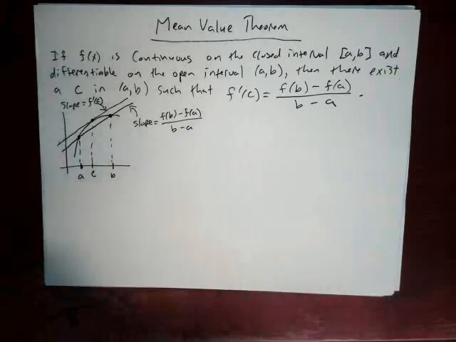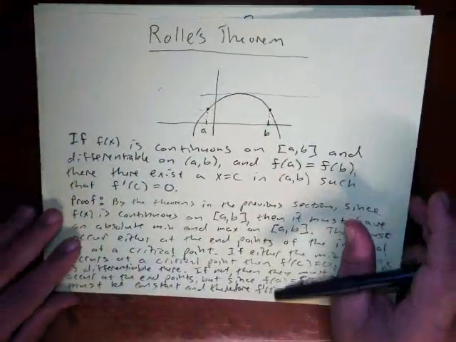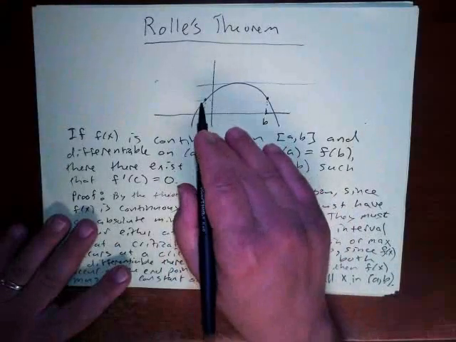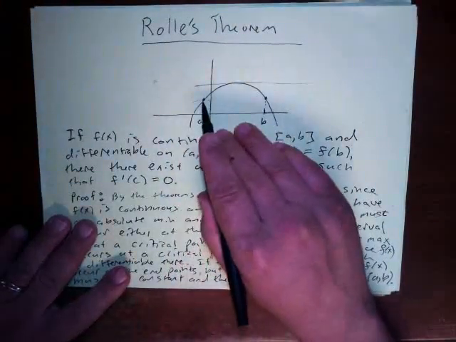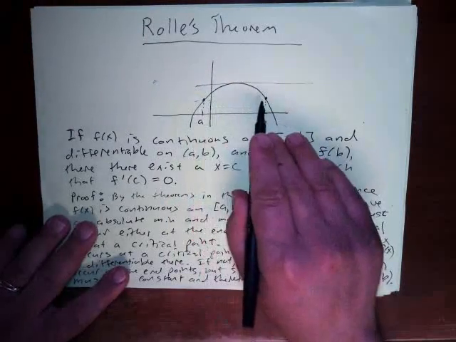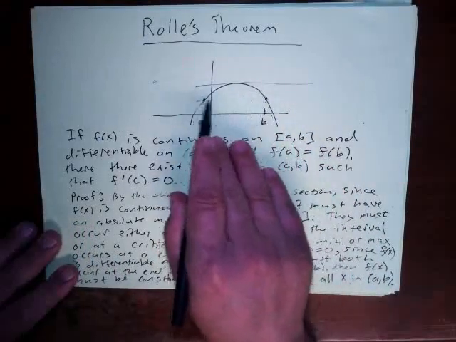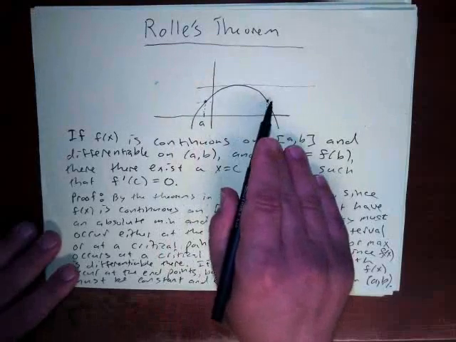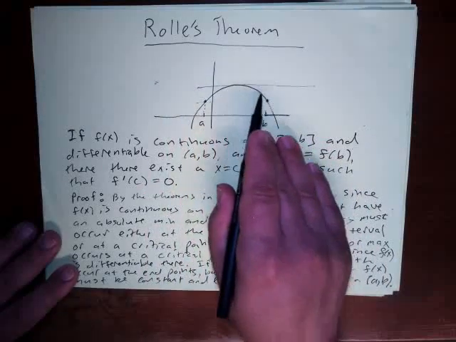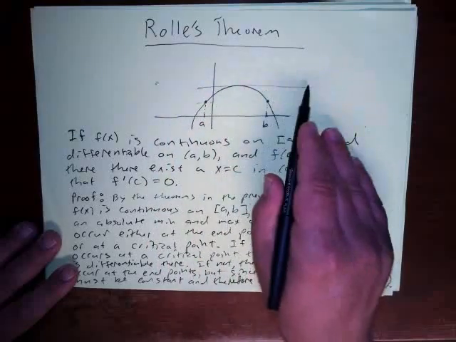Now I don't think I need to prove this here. You can look at the proof in your book, but as long as you keep Rolle's theorem in mind. Remember, Rolle's theorem was just saying if you have a function that's continuous on the closed interval [a, b] and differentiable on the open interval (a, b), and if the function is equal at a and b, so that you've got this horizontal line, then there's going to be some point c inside this interval where you're going to have a horizontal tangent line, where the derivative is going to equal 0.